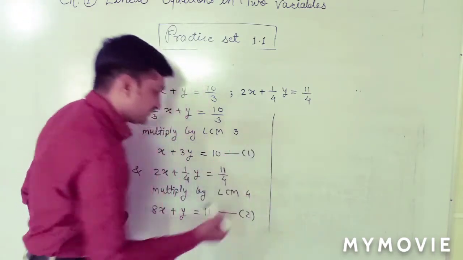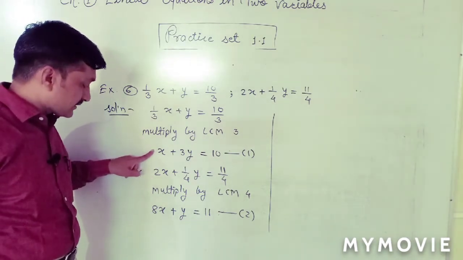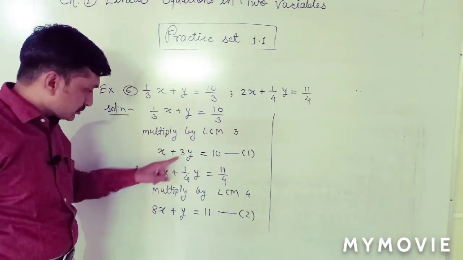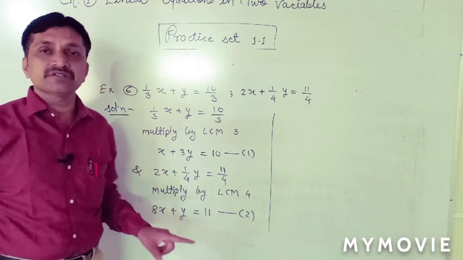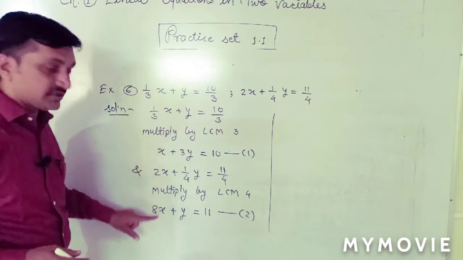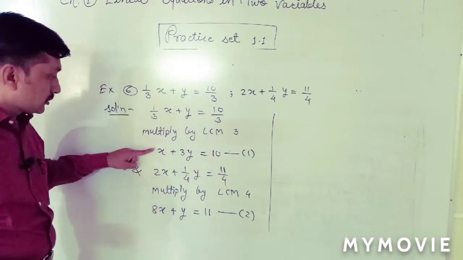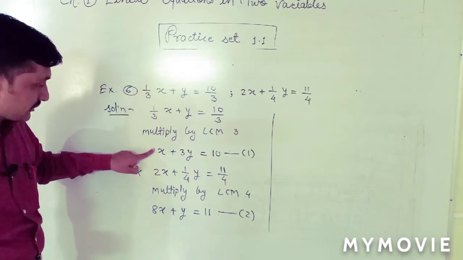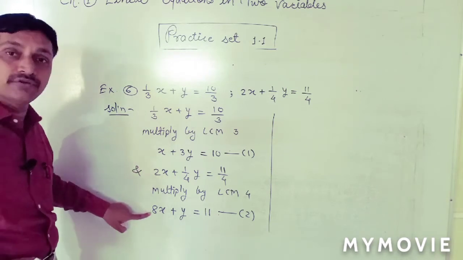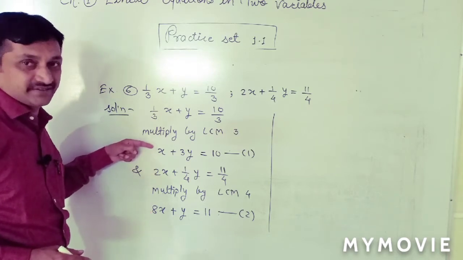Now we can solve this. Now see the coefficients. Here the coefficient of x is 1, here 8, here 3, here 1. Coefficients are not the same. Then equate them. I equate x. If you want to equate y, you can do that. Equation 1 multiplied by the second's coefficient, and equation 2 multiplied by the first coefficient of x.